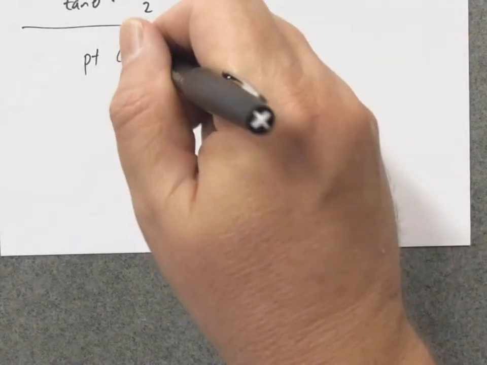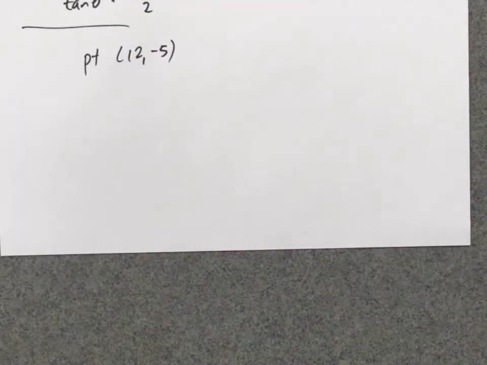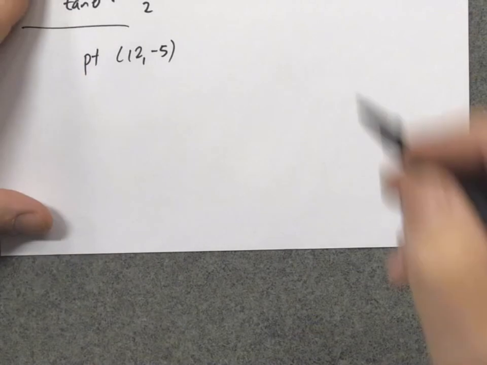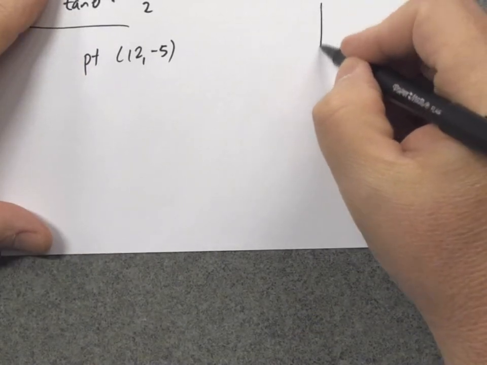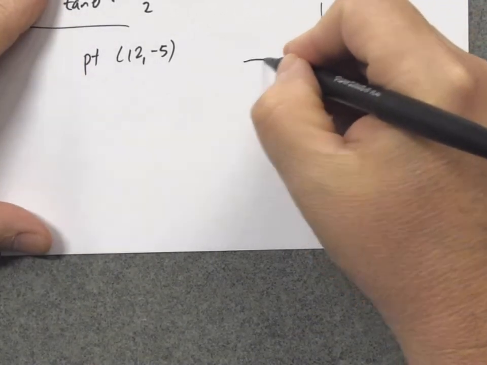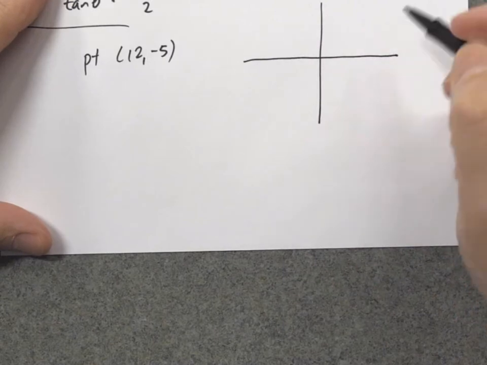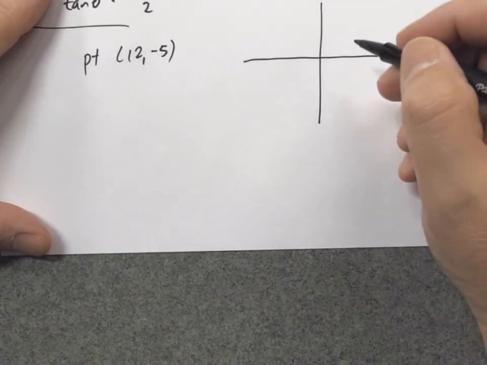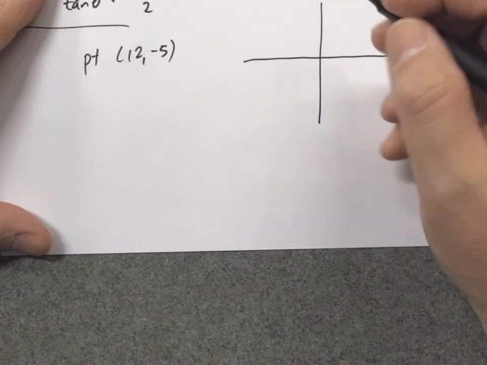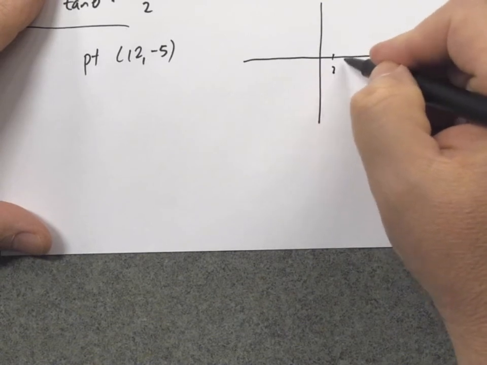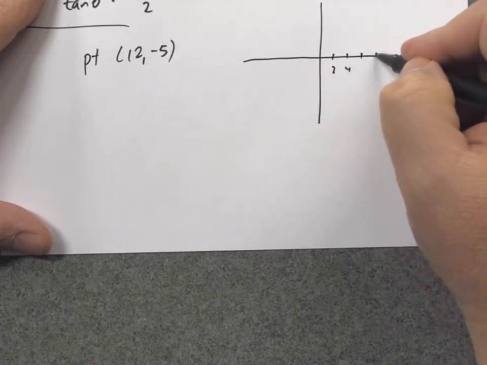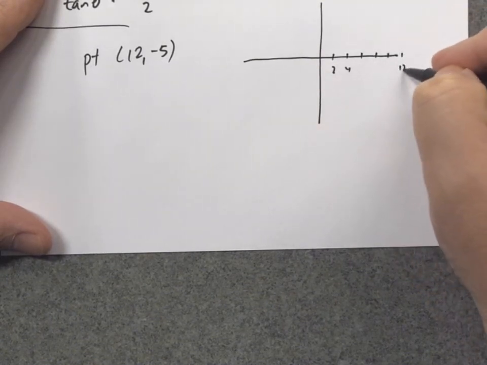So basically, we're going to graph this point, and we're going to draw a line from the origin to that point, and then we're going to look at the angle that gets created. So 12, negative 5. 2, 4, 6, 8, 10, 12.